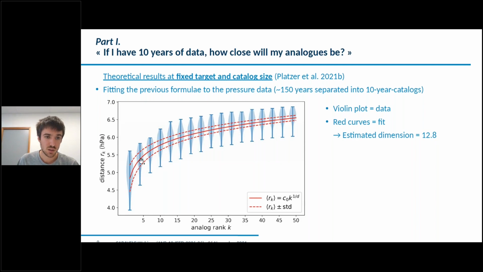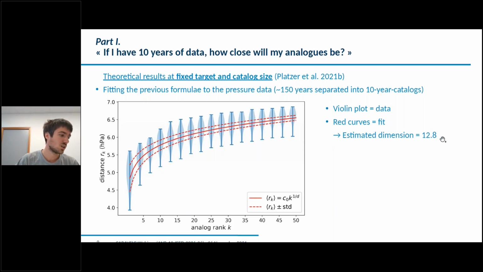We find indeed a slow growth of R_K with K. That comes with the idea of a fairly high dimension of 12.8. So that's what I said, that we can use analogs to infer properties of the system we're looking at. Here, just by looking at the data, we know that the dimension is 12.8.